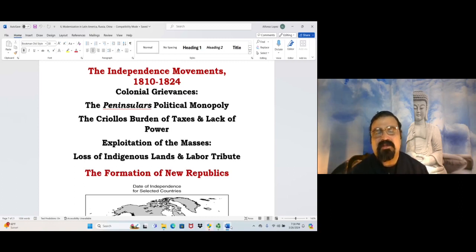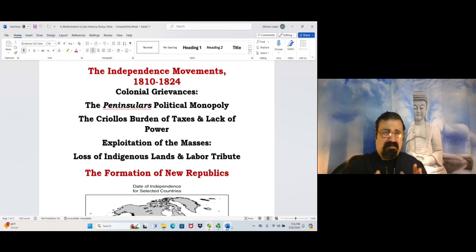One of the main reasons has to do with the lack of political power. The criollos, as they were called, are in charge of the economy. They own the haciendas. They're the major exporters of products to the mother country. They are handling the mines and the cattle ranches, etc. But they don't have a say in the political system.